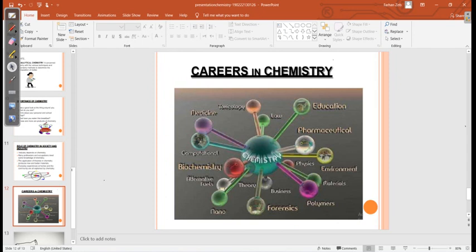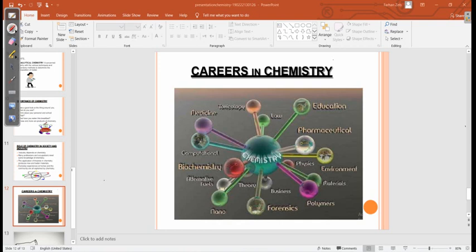Careers. It's a relevant question. Many students ask, after chemistry, how can we make the best and most advanced career in our life? Then there are many branches of chemistry and many fields regarding careers. You can go to medicine, you can go to law. Educational fields are very important. Pharmaceutical industries are very important.